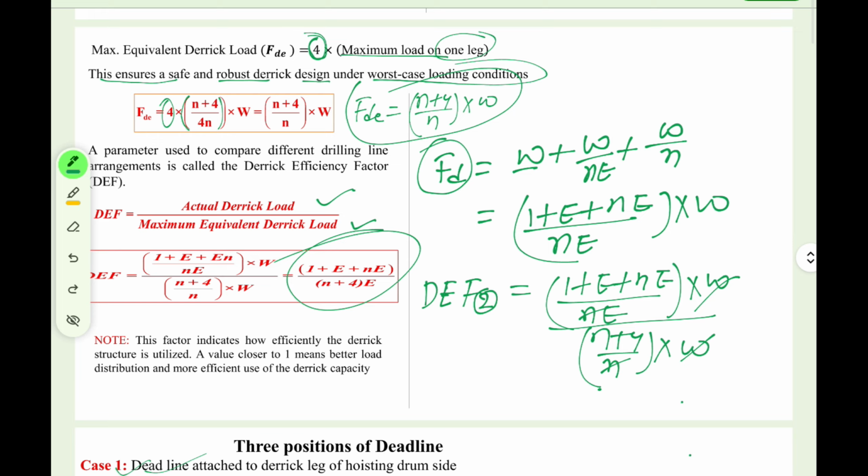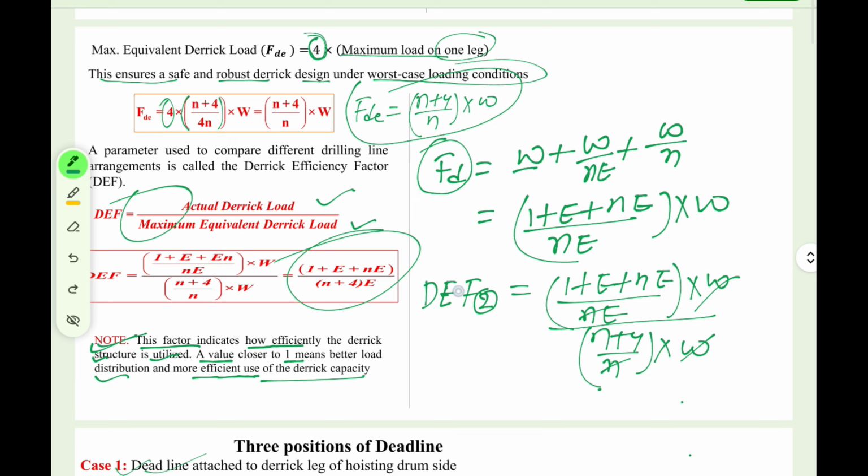Now the important thing to remember is that this factor indicates how efficiently the Derrick structure is utilized. A value closer to 1 means better load distribution and more efficient use of the drilling capacity. That is why we are doing this. This is how things are.